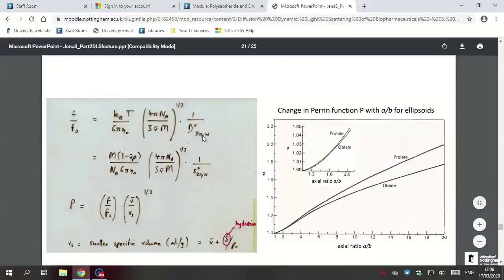For example, from the diffusion coefficient, we can get the frictional ratio from the diffusion coefficient and the molar mass, and these are the parameters here: Boltzmann constant, the viscosity of the solvent, absolute temperature, specific volume. Or from the sedimentation coefficient, again from knowledge of the molecular weight, this partial specific volume, and of course the sedimentation coefficient itself. So either way will give us the frictional ratio.